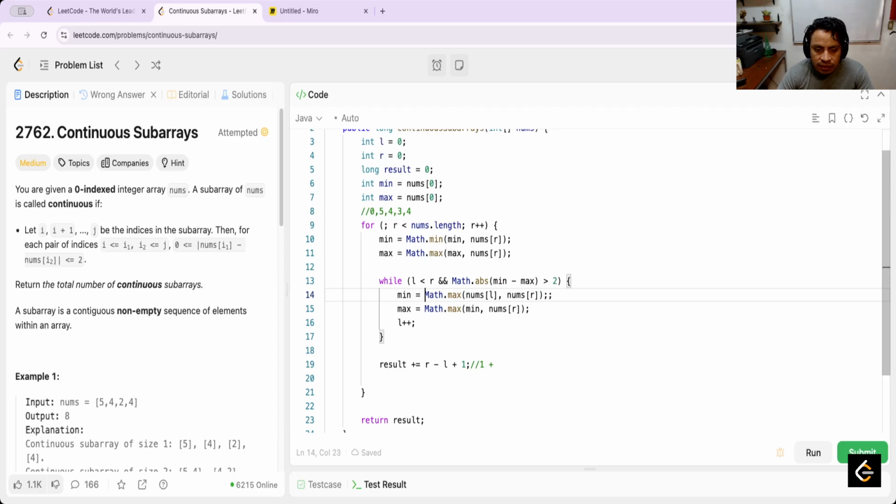Okay, it is greater. I need to calculate again the minimum between the new position and R. This case is the same, is 5, and the other is between max and min, that is 5, and R. I think that the max in this moment... no, it's okay.